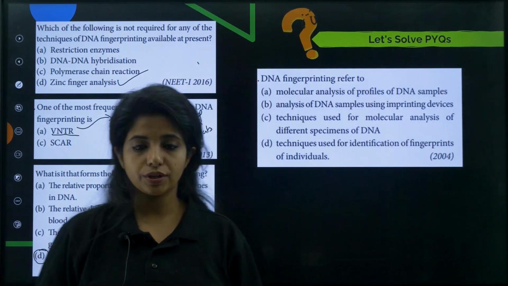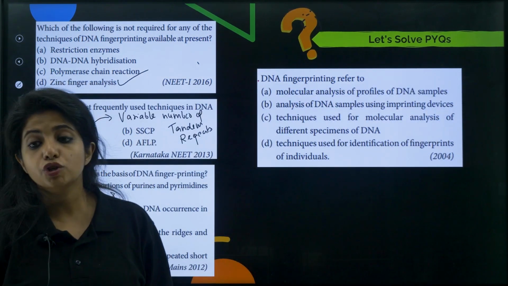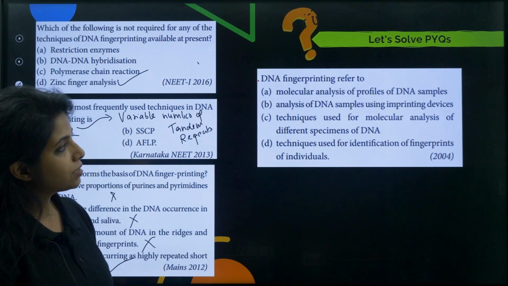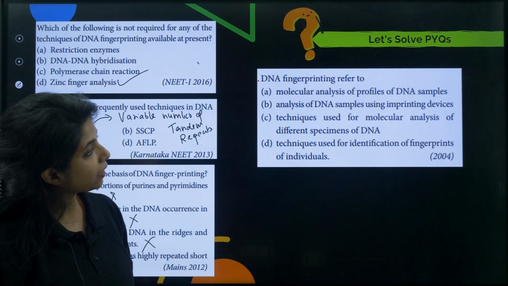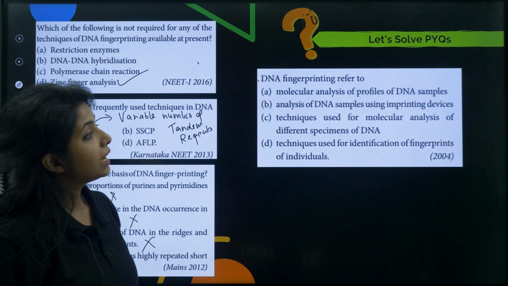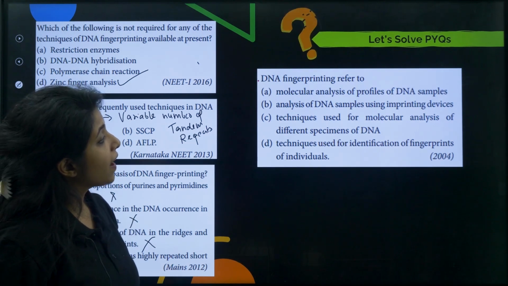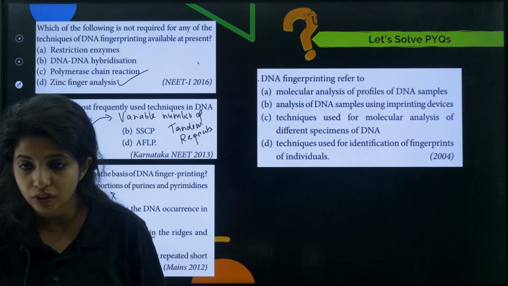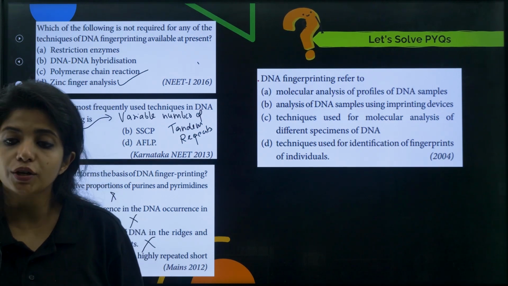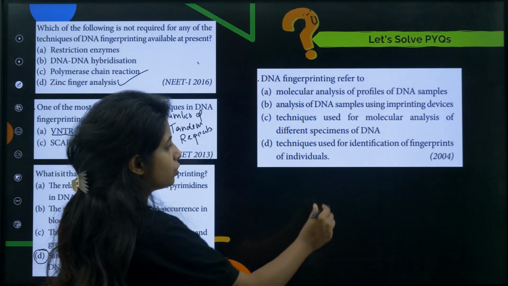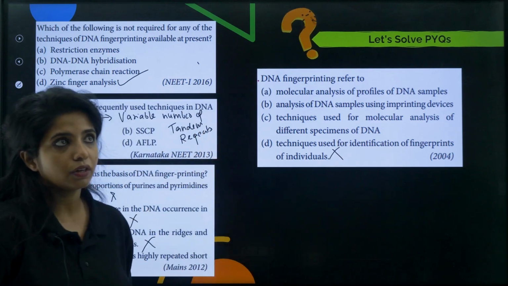Now, next question. DNA fingerprinting refers to what? Molecular analysis of profiles of DNA samples, analysis of DNA samples using imprinting devices, technique used for molecular analysis of different specimens of DNA, technique used for identification of fingerprints of individuals. Obviously the last is not the answer.